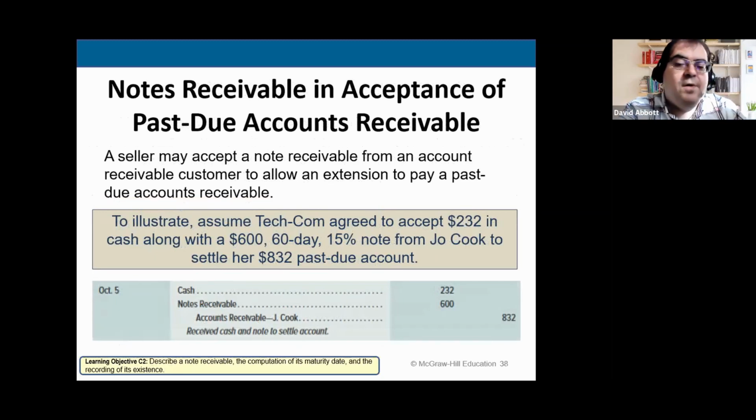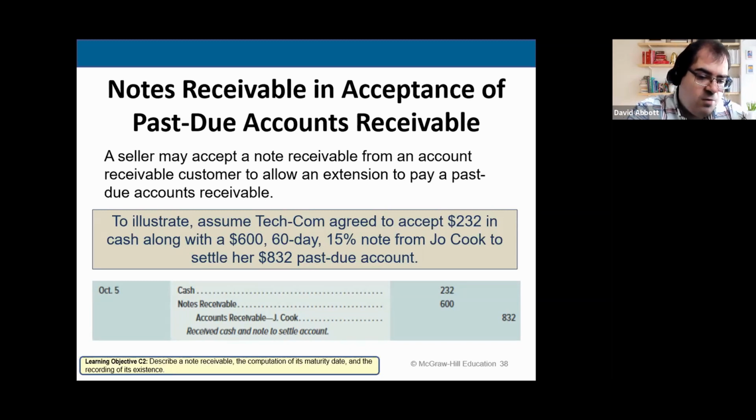Now, notes receivable and acceptance of a past due account. A seller may accept a note receivable from an accounts receivable customer to allow an extension to pay a past due account receivable. When a seller accepts a note from an overdue customer to grant a time extension on a past due accounts receivable, it will often collect part of the past due balance in cash.